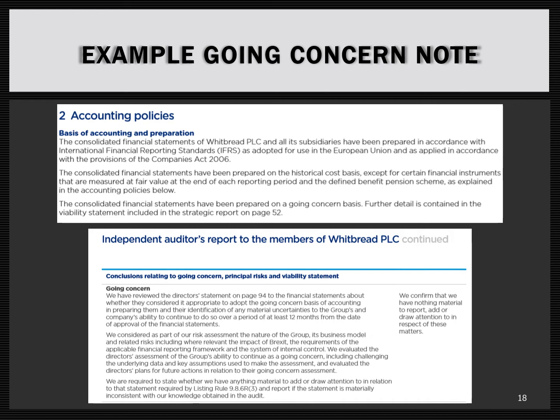So they've gone into a lot of detail explaining why they think, irrespective of the current situation, the company's certain to continue, and the auditors have to report on that as well. And there's an example of the auditors' report to Whitbread and what they've done to consider whether it's appropriate for the accounts to be prepared on a going concern basis.